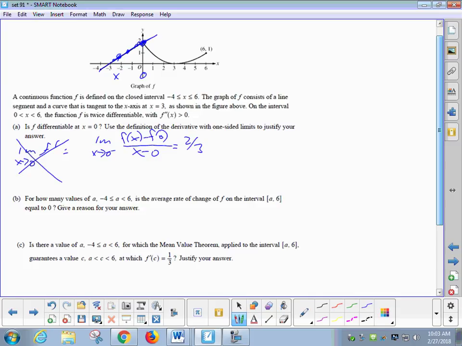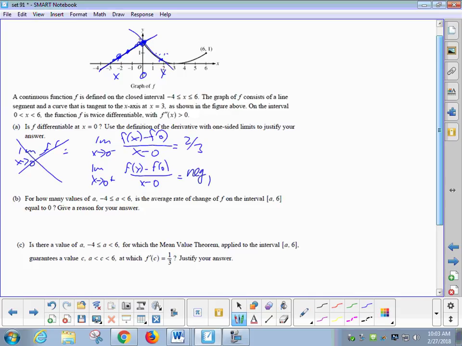You're not expected to actually know what the derivative is over here. You're expected that you would create an x over here, draw the slopes between them, and just make some kind of conclusion that it's not 2/3. That's all you have to really say is, you know it's not 2/3. If you draw the slopes on the right side, I just said negative.